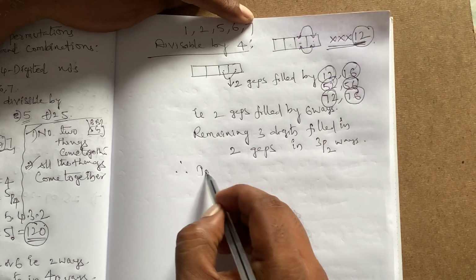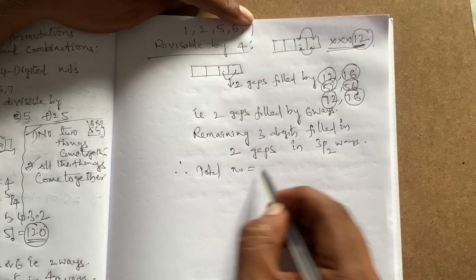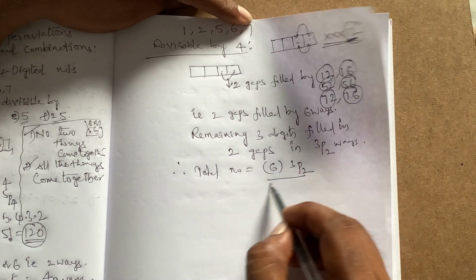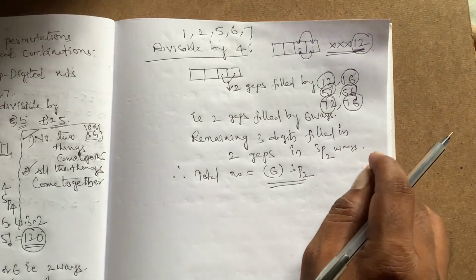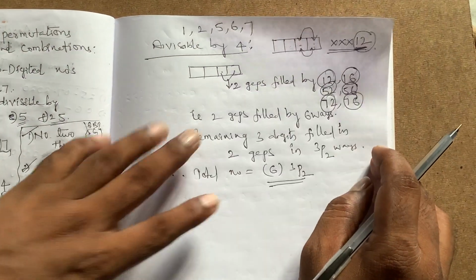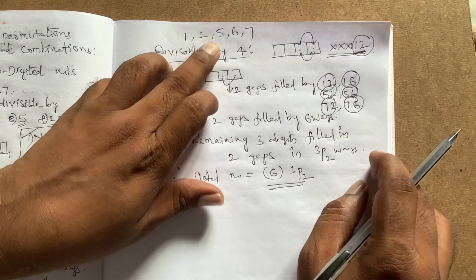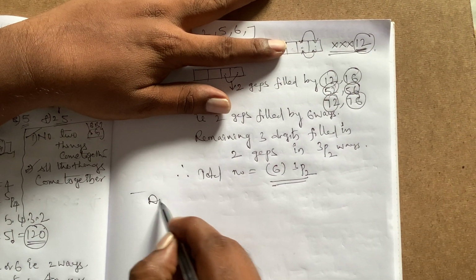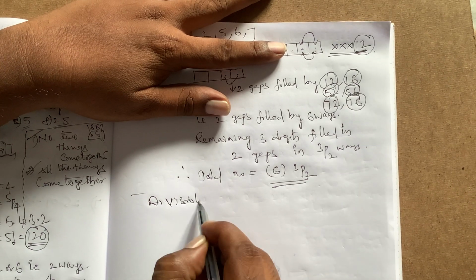Therefore the total numbers is equal to 6 into 3P2. So these are the numbers which are divisible by 4, the 4-digit numbers which are formed by 1, 2, 5, 6, 7.